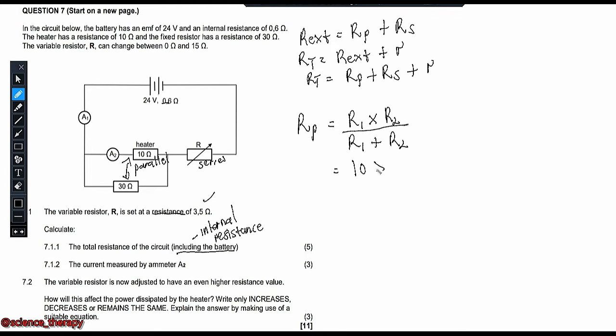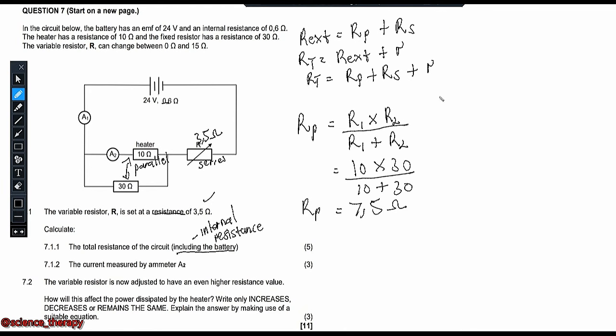So that's 10 multiplied by 30 over 10 plus 30, right? Now when you punch all that into your calculator, you get the resistance of the parallel will be equal to 7.5 ohms, right? Then the resistance in series, remember, we've been told that it's 3.5 ohms, right?